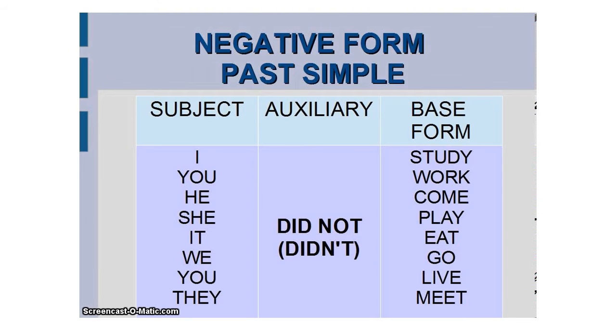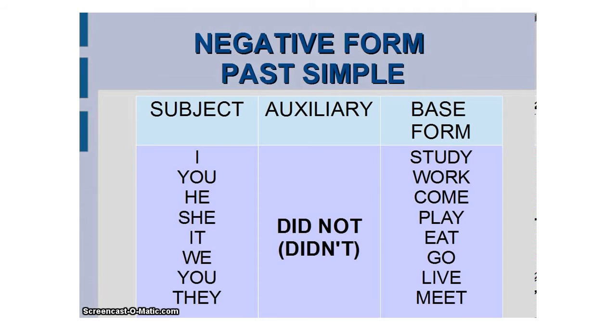Now, in order to make negative sentences in the past form, we have an auxiliary. Our auxiliary is did not. Don't forget that did not is the full form and didn't is the short form, okay? Did not, full form, didn't, the short form. And they work with all the subjects. Este auxiliar va a trabajar con todos los sujetos, ¿ya?